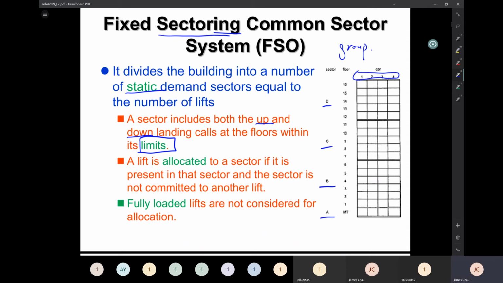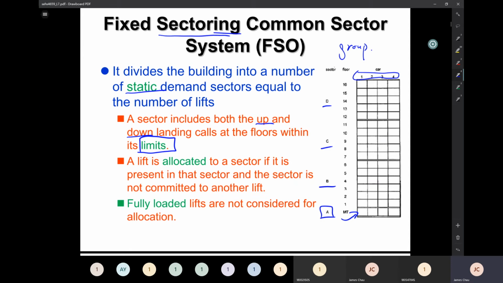So you can see zone A will serve only the main terminal floors. Zone B will serve from floor 4-1 to 4-6. Zone C serves 7-4 to 11-4. And finally, zone D serves 12-4 to 16-4.